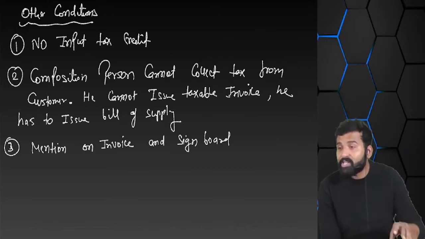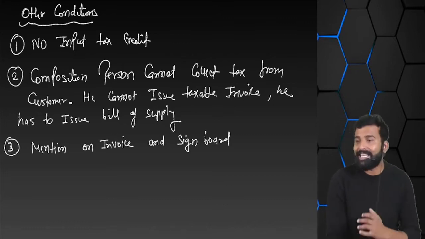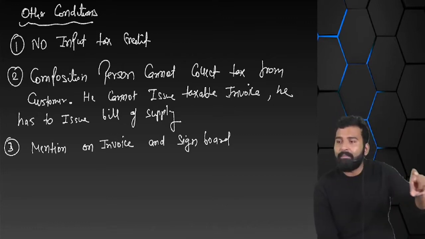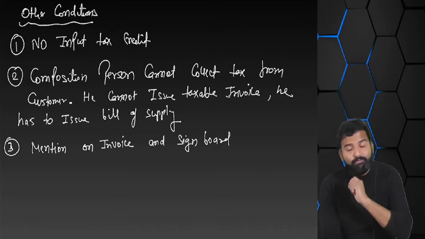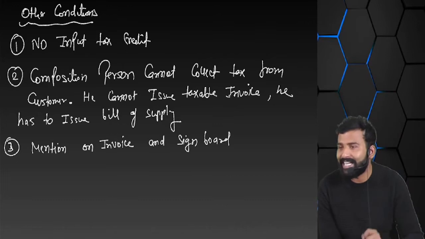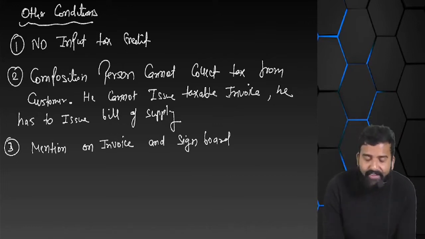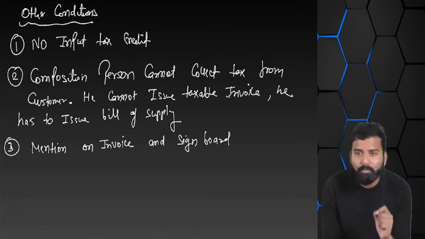I once even fought with a restaurant for this. That restaurant was collecting GST and it was written that he is a composition dealer. I fought over that GST and I clearly told him, you cannot collect GST from us, because you are a composition dealer, you have to pay that 5% or 1% GST from your own pocket.